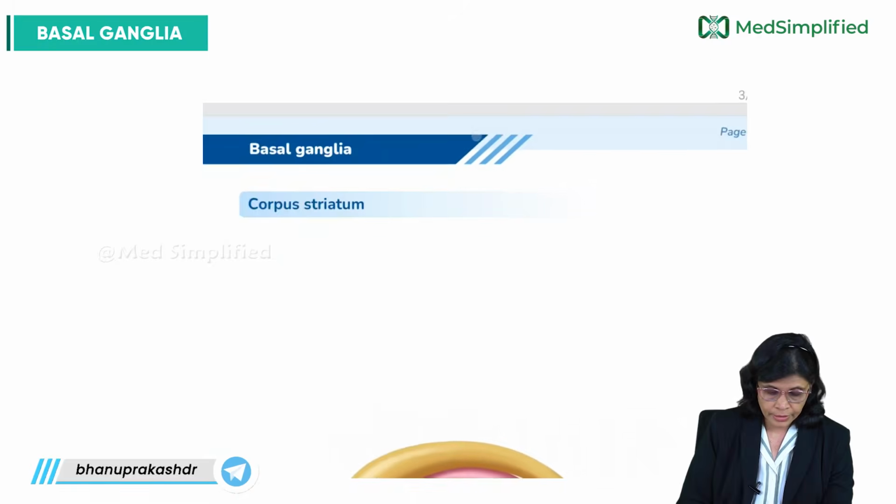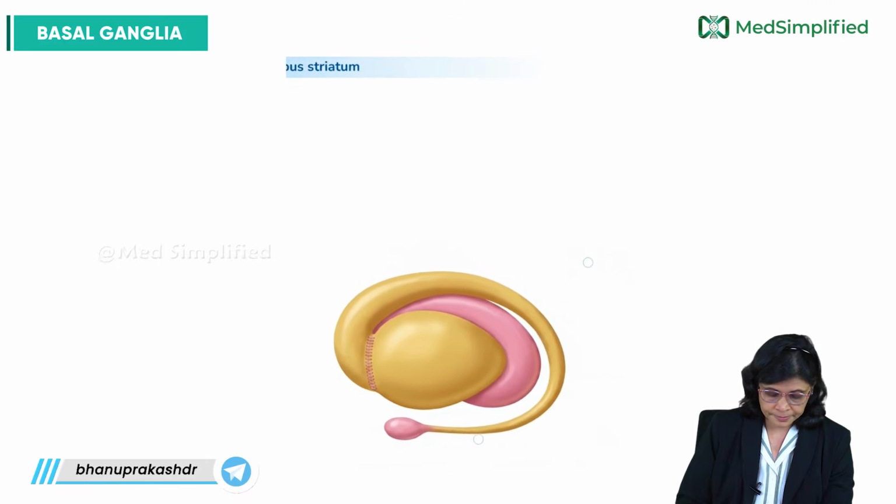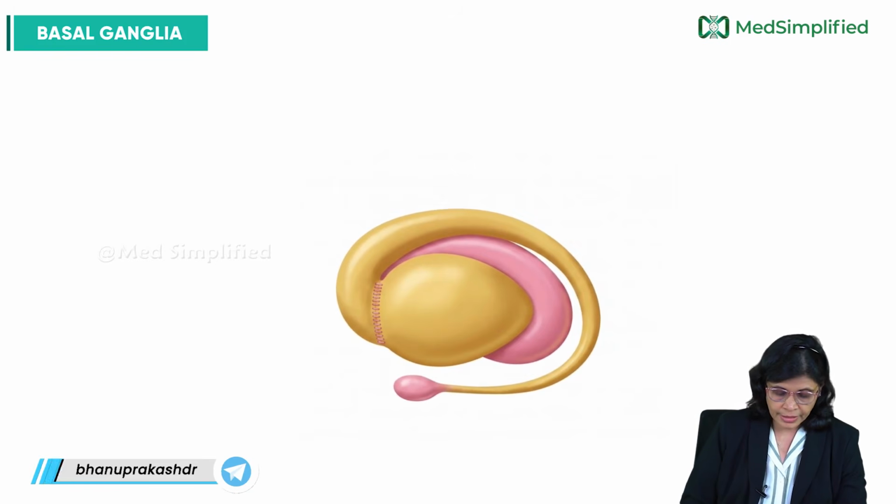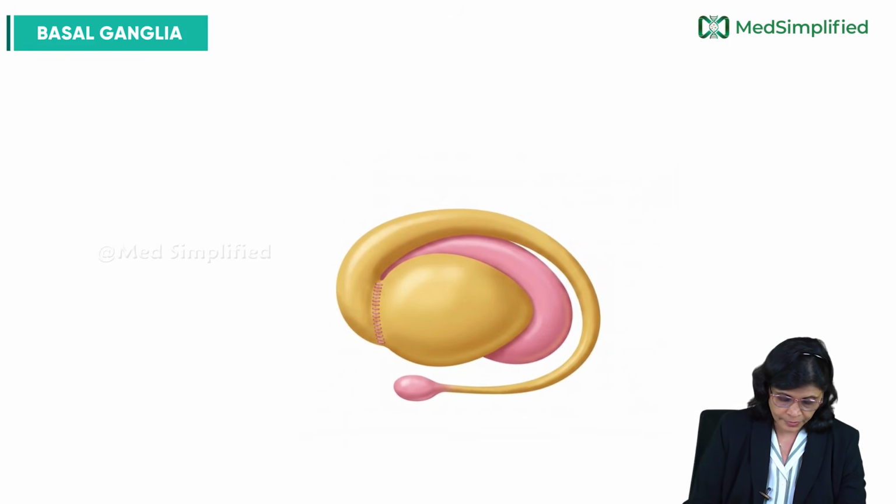The corpus striatum is situated lateral to the thalamus.